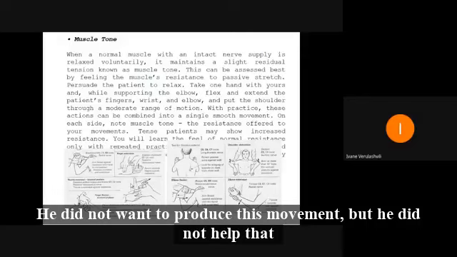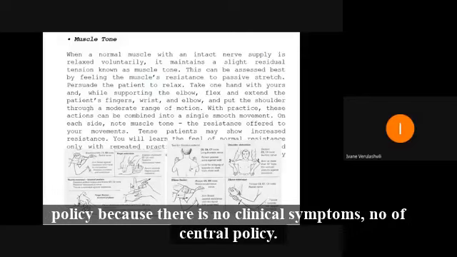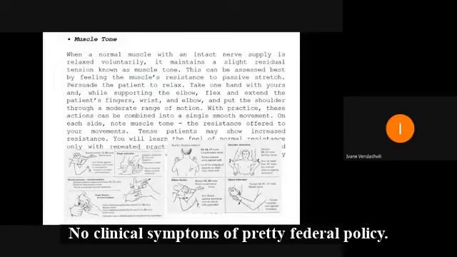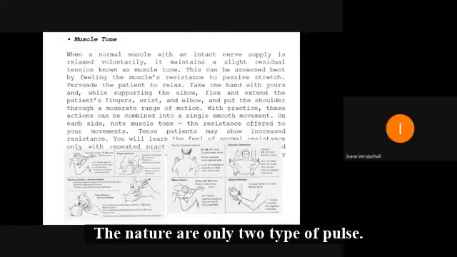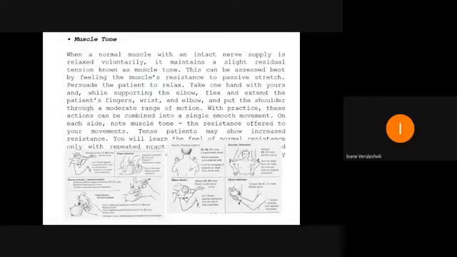He did not want to produce this movement, but he did not have the palsy because there are no clinical symptoms, neither of central palsy nor of peripheral palsy. So he is aggravated, he is simulated, because you know that in nature there are only two types of palsy.